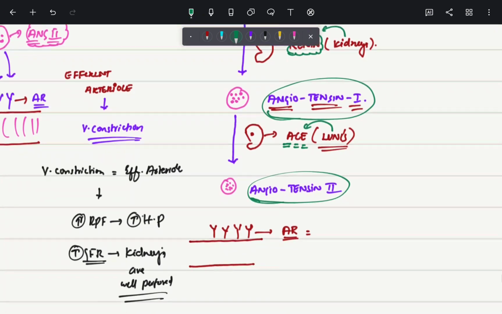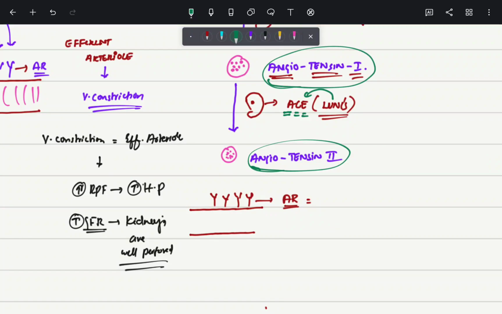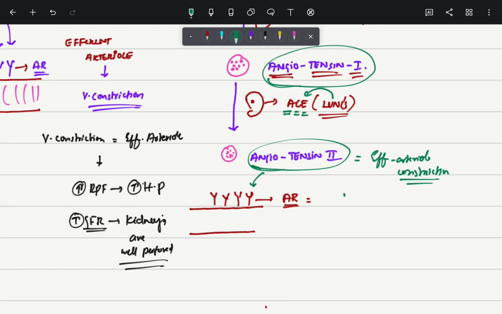Okay, so finally the angiotensin 2, which causes efferent arteriole constriction, will go and bind to the angiotensin receptors, and hence there is vasoconstriction at the efferent arteriole. Now imagine we are going to give angiotensin receptor blockers or ACE inhibitors.